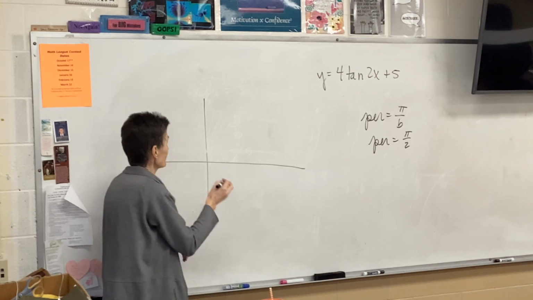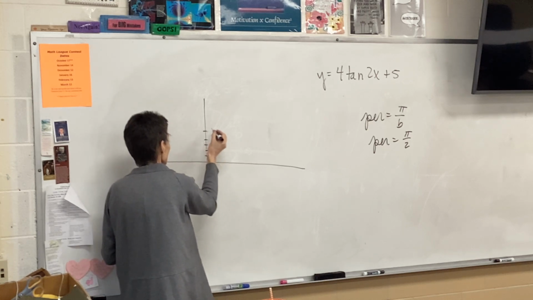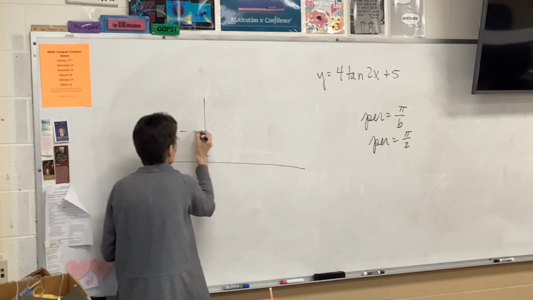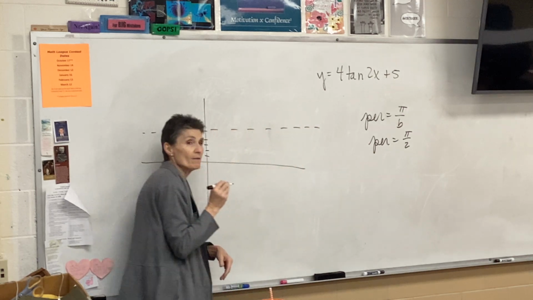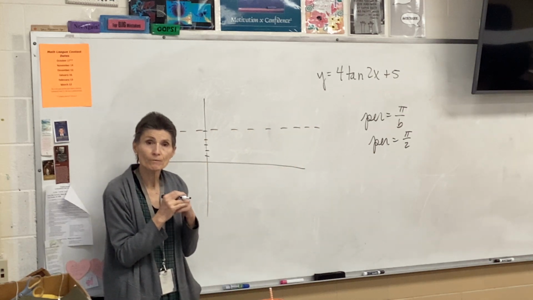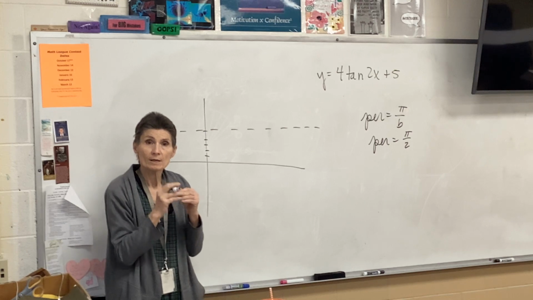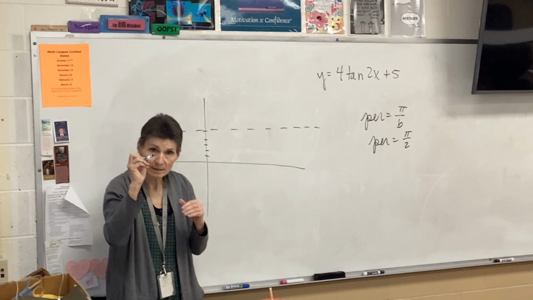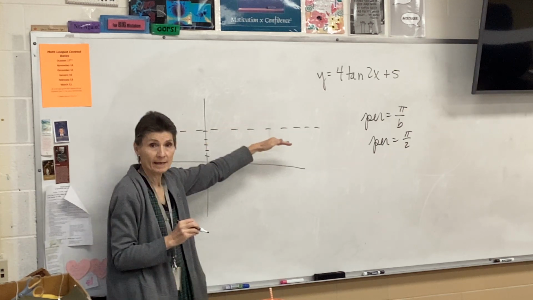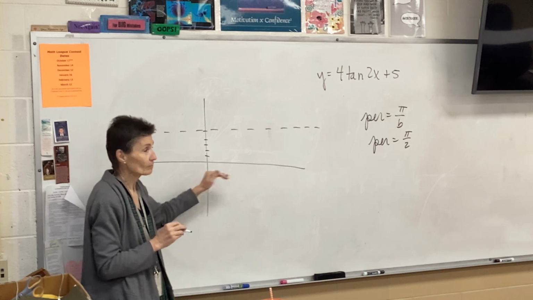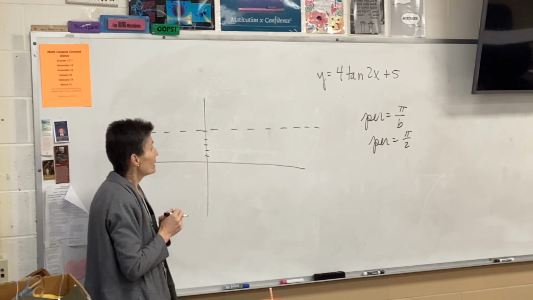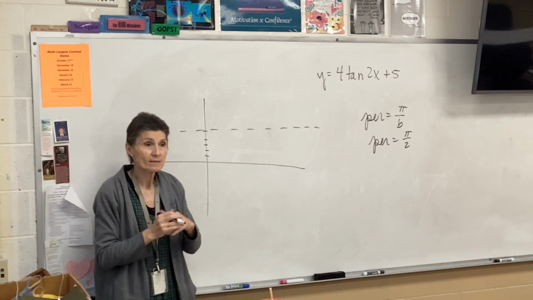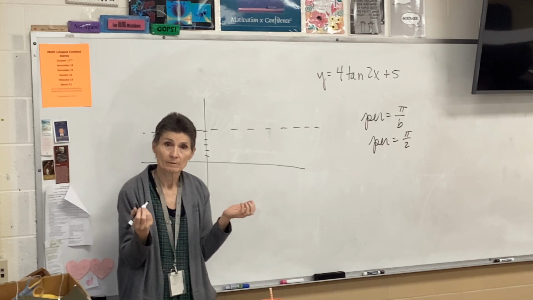Okay, first thing I notice is I have a midline at 5. Now remember what that means. That means that your curve is going to change concavity on that line instead of this line. Second of all, I notice that there's been no phase shift.